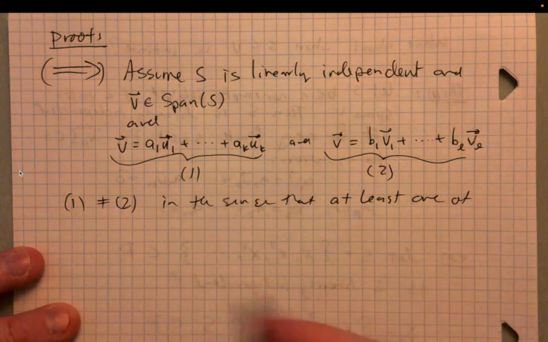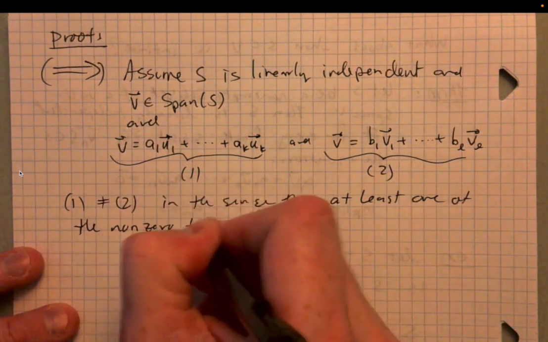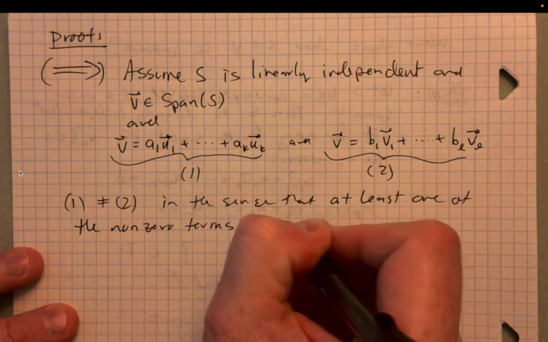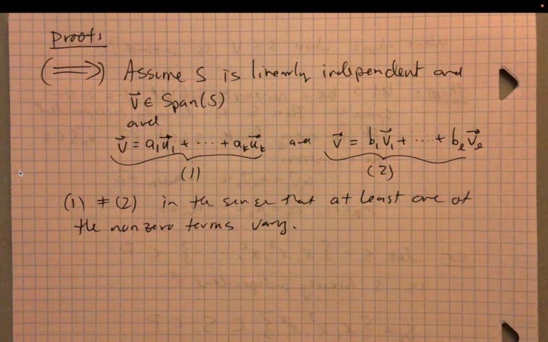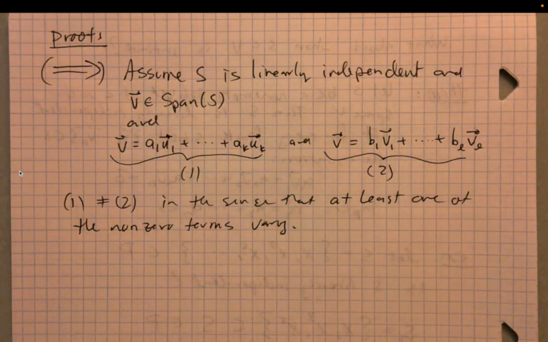And we'll say at least one of the non-zero terms varies. Okay? All right, so maybe A1 U1 and B1 V1 are distinct terms, but everything else is the same. That's possible. So let's go ahead and just throw that out there. We're giving it the largest possible breadth we can. They're just different in some sense.